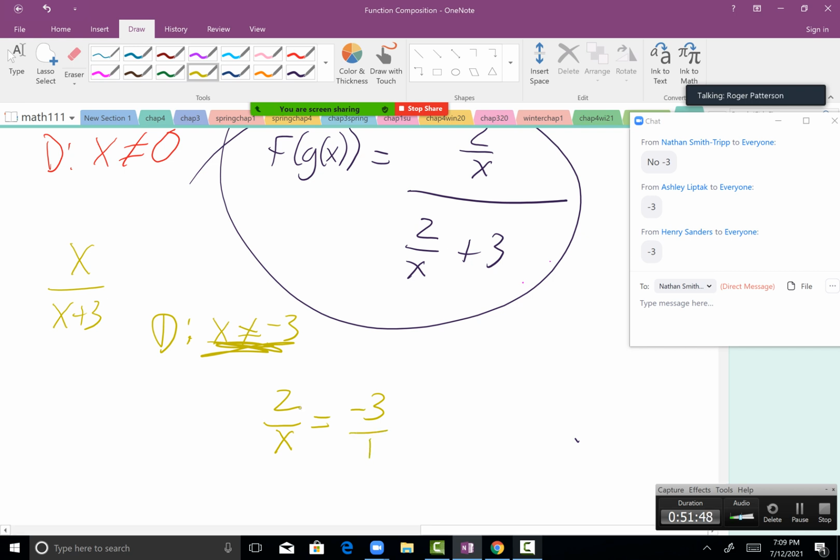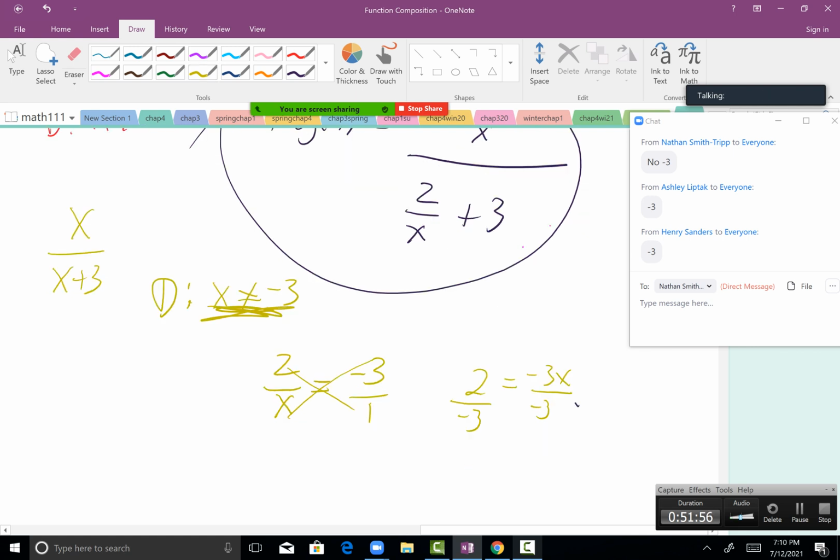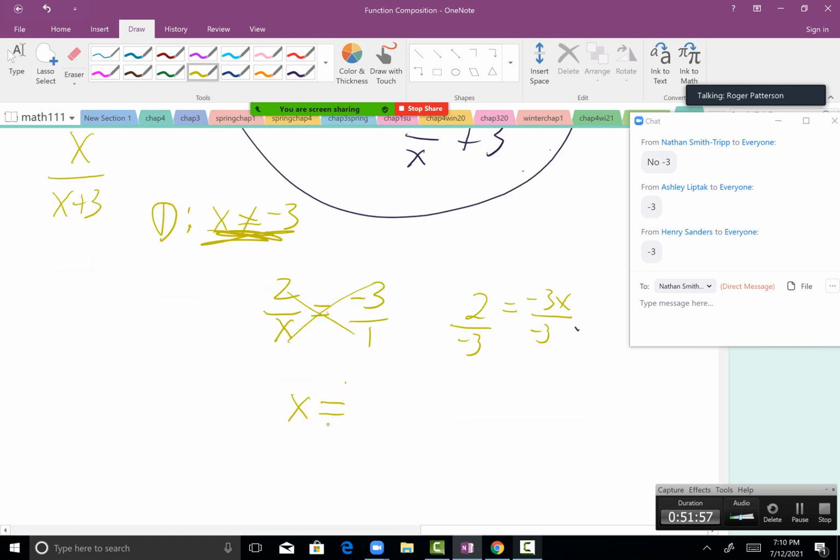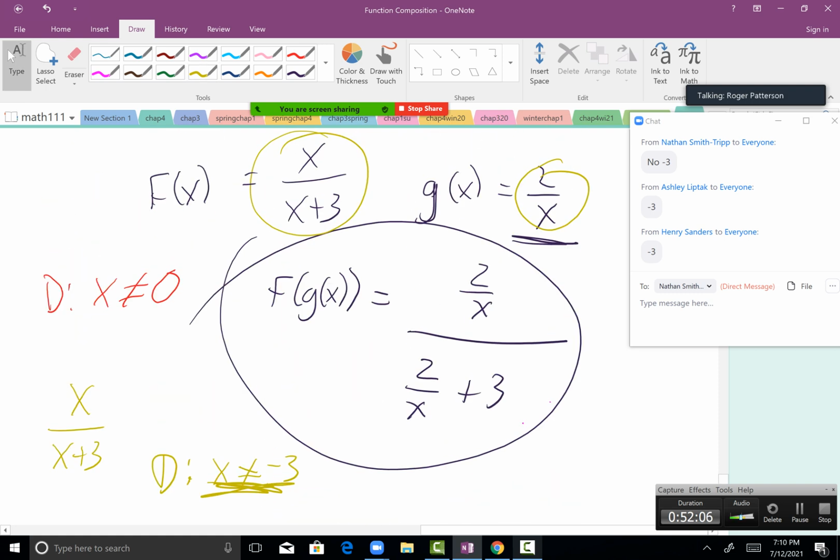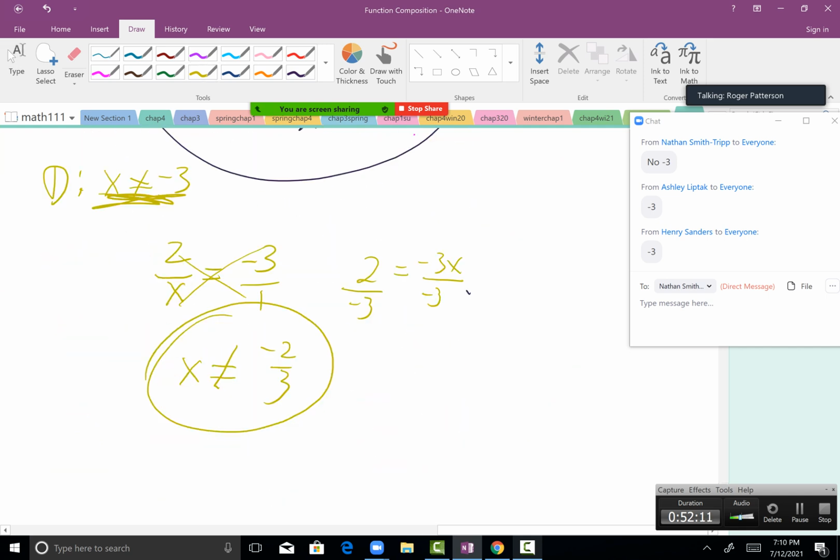So I'm going to do a little cross multiplication here and divide by -3. So when x is -2/3, we got a problem. It can't be that number. But also, it can't be that number. So here we kind of got a double thing going on.